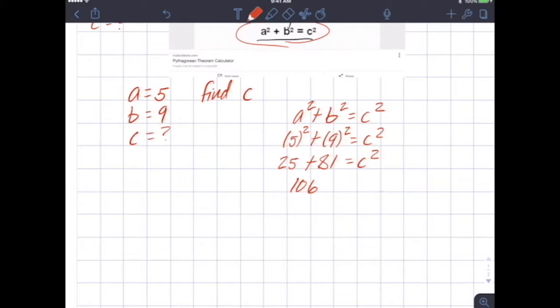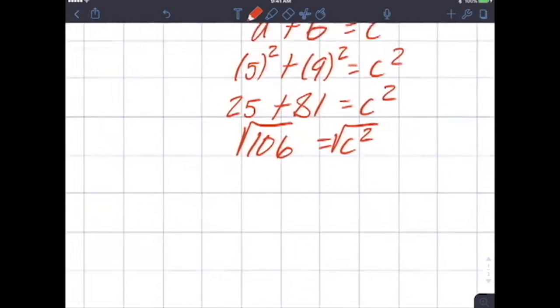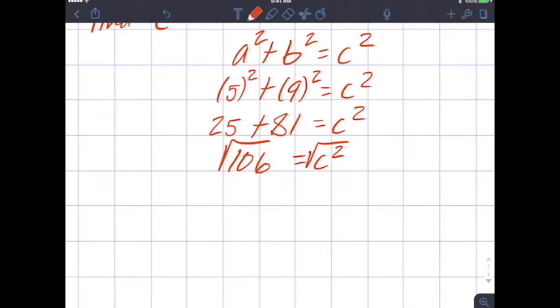So we have 106 equals C squared. So now in order to solve for C, we have to take the square root. Square root, square root. Now a common mistake that students make is when the square root of a number squared, this cancels right here. So you're just left with C, okay? And the square root of 106, this is not a perfect square. So we're going to leave it right now. Square root of 106. But we can approximate this value, okay?